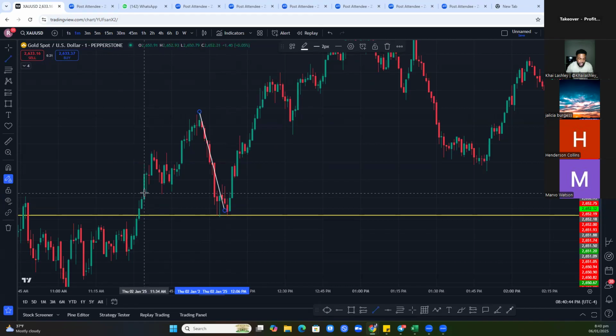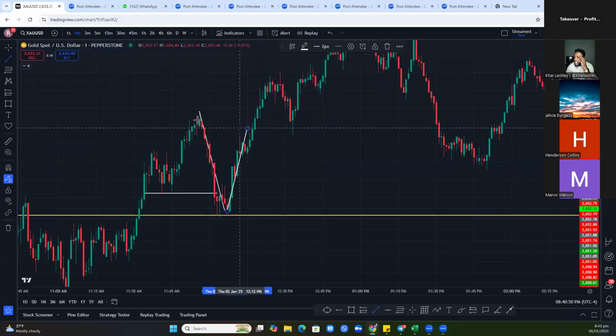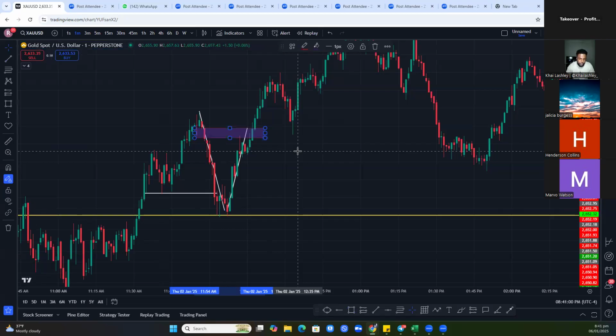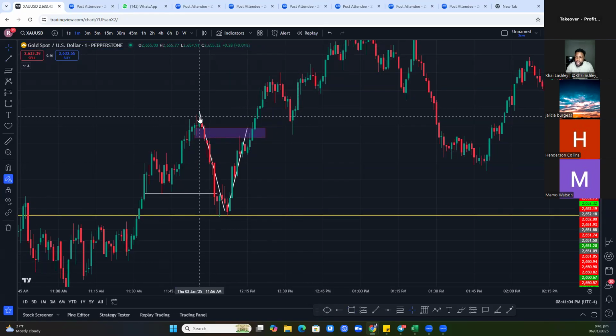Boom, it's saying that you broke structure. So now you're saying that when price gets back up to here, because this is an engulfing candle that created imbalance, you're going to say, okay, sell. Absolutely not, because in this scenario, yes.